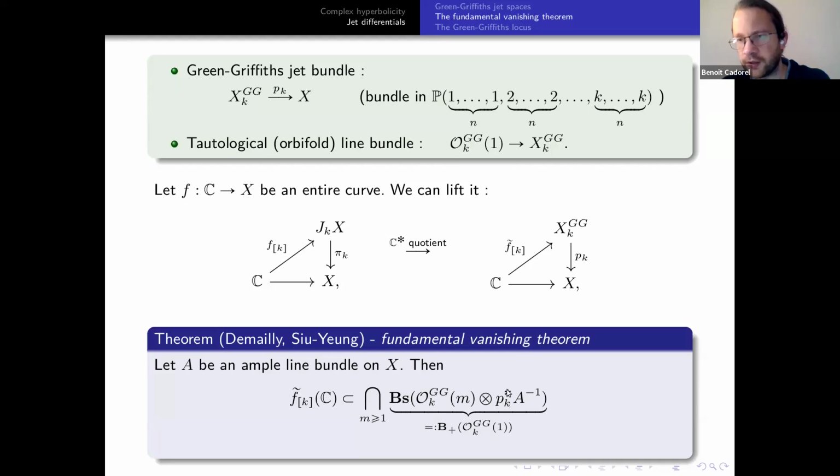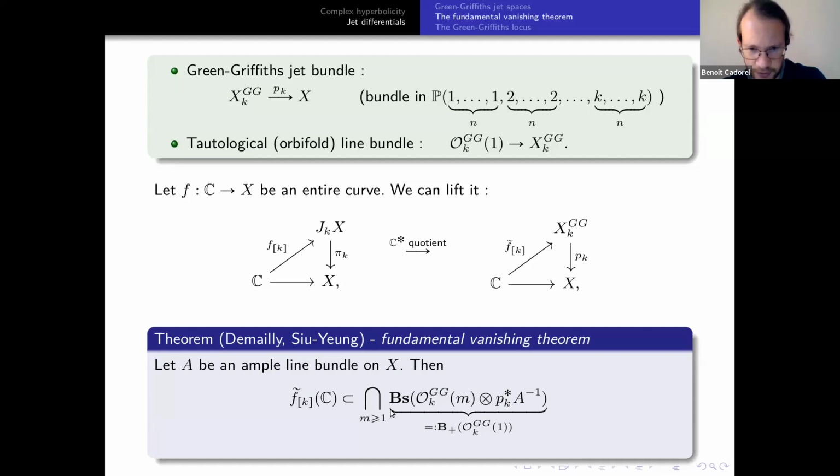You remove an ample line bundle coming from X, and you look at the sections of these powers here. And what the theorem tells you is that any time you take such a section, it vanishes on the image of F tilde k, which means that F tilde k lands inside the base locus of this line bundle. But this is true also for any m.